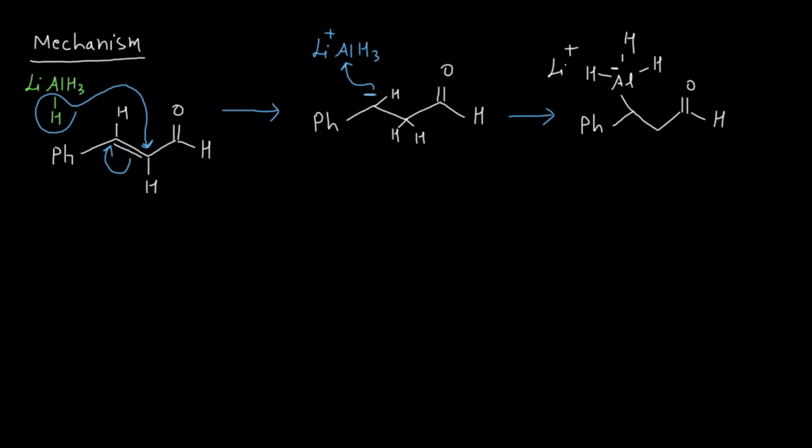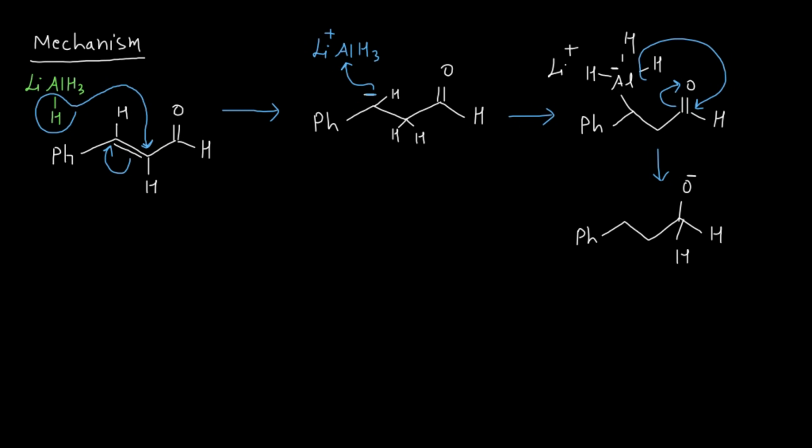Now what will happen? One of the hydrides will attack onto this electrophilic carbon, and this will get shifted over there, and then you have your next species, O negative. Please remember, this is your O negative. This was your hydrogen, and one hydrogen is coming by the attack.